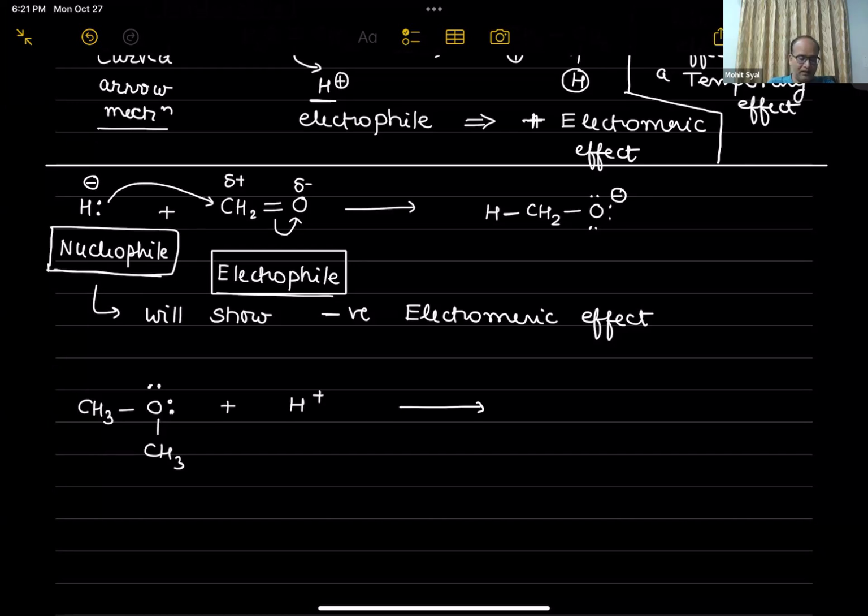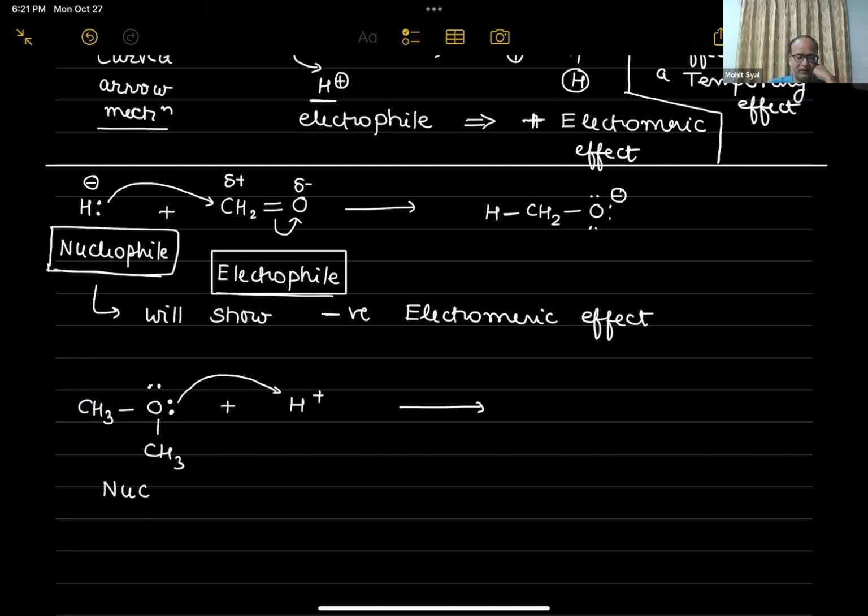These are unshared pairs of electrons, lone pairs. Hydrogen will be added. In this case, the lone pair which was unshared and lying idle will be shared between the oxygen and the hydrogen. Is it clear? So this is a nucleophile.